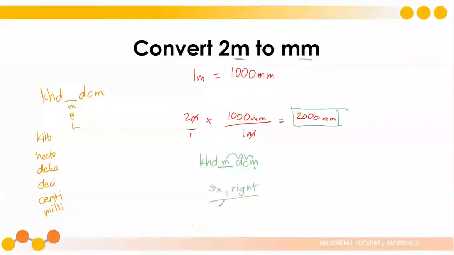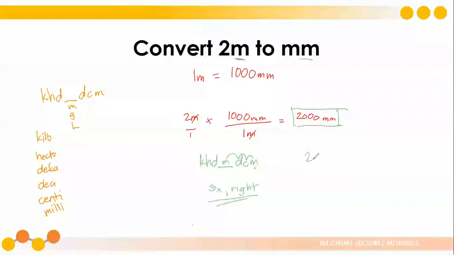Okay, now you use this to convert 2 meters to millimeters. How do you do that? Remember, you have your quantity, which is 2. Okay, and 2 has a decimal point in this one. But we don't usually put it since there's no number following that decimal point. But there is a decimal point beside 2.